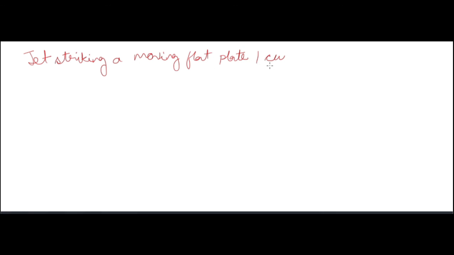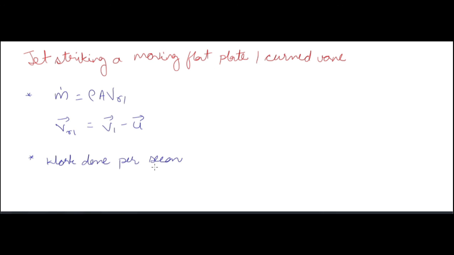Now the stationary plate part is over. Now we will deal with the moving plate. In the stationary plate the mass flow rate is rho a v1, but in the case of a moving plate the mass flow rate is rho a vr1.